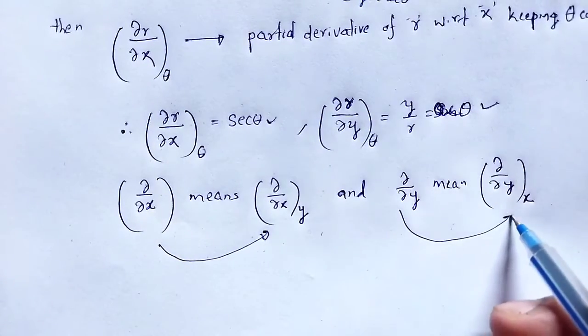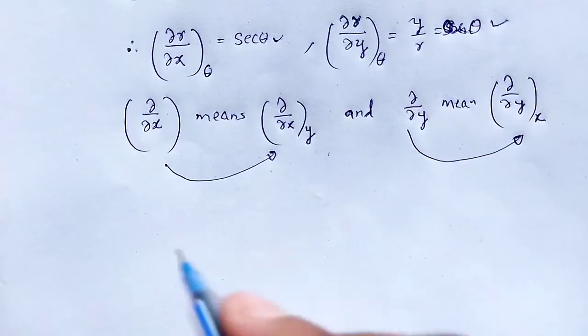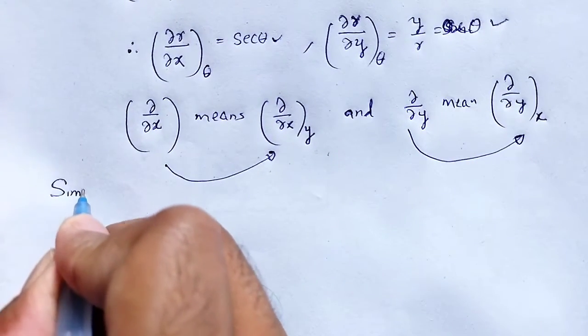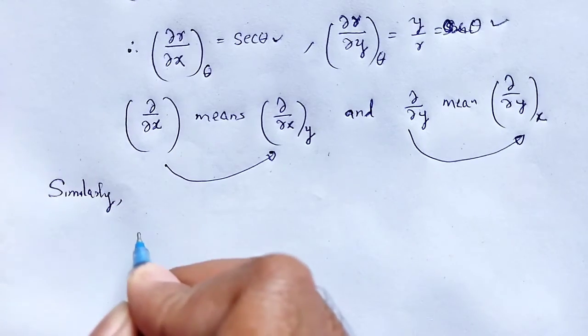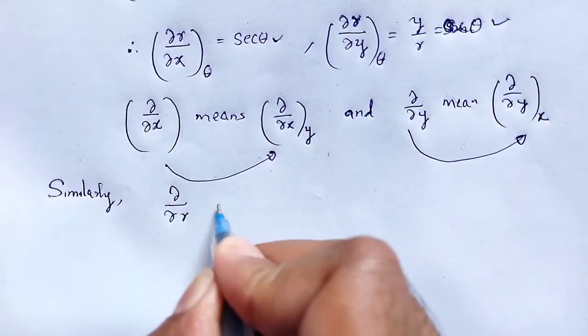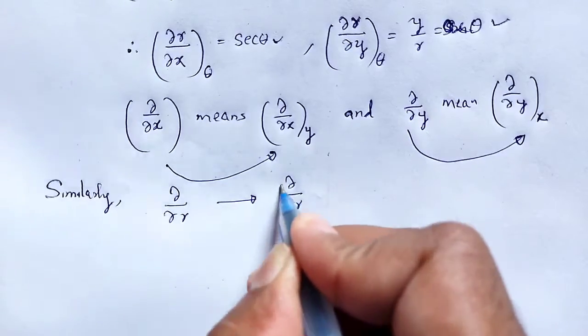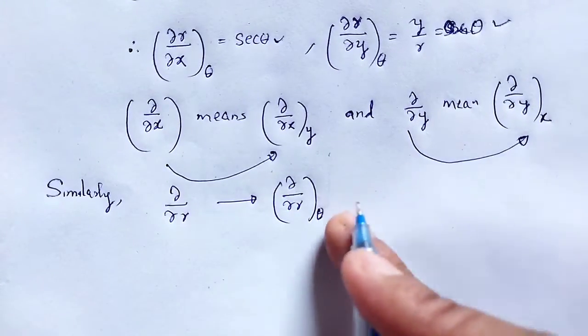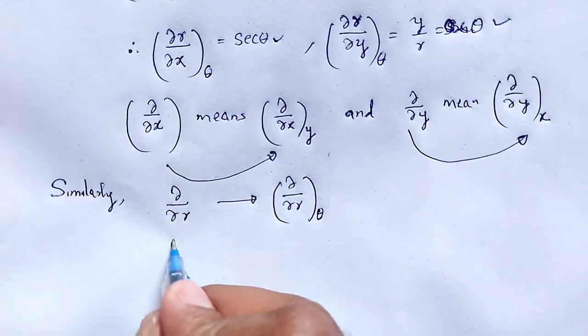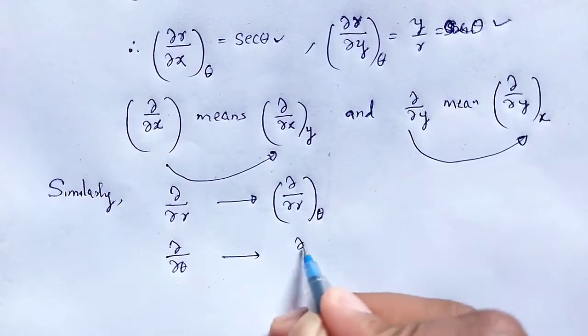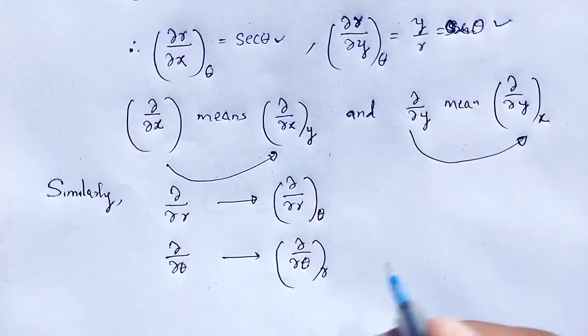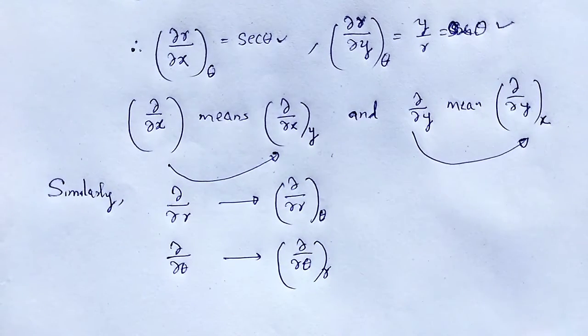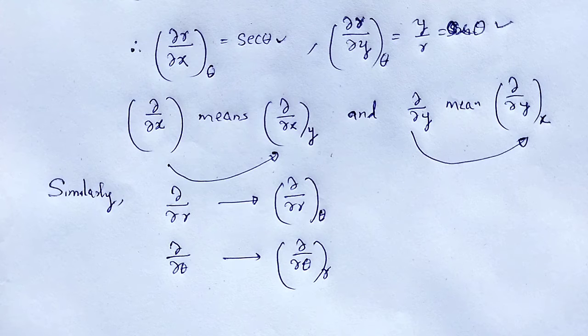Similarly, we also write del by del r with theta as constant, and del by del theta with r as constant. These are some standard symbols for writing which variables are to be treated as constant.